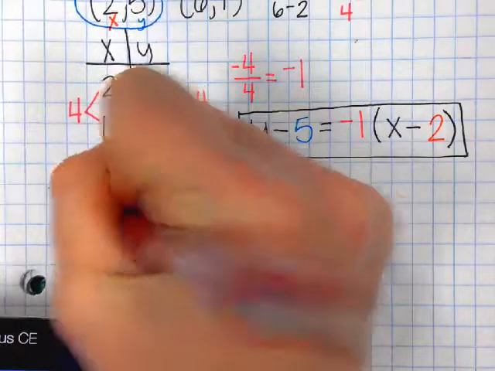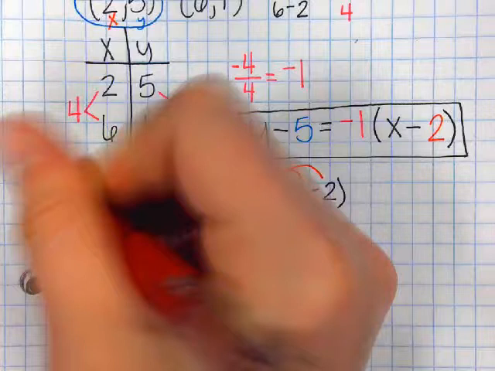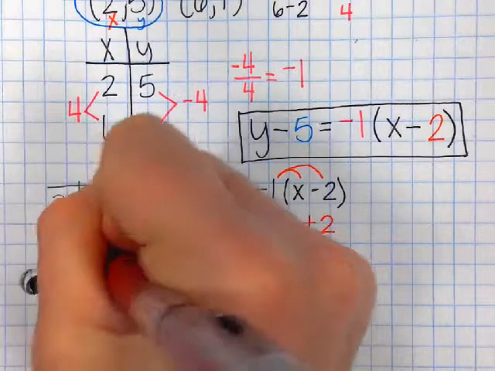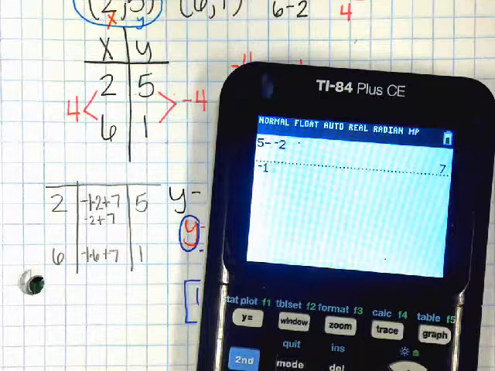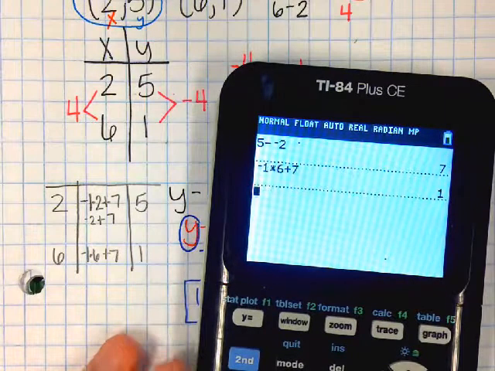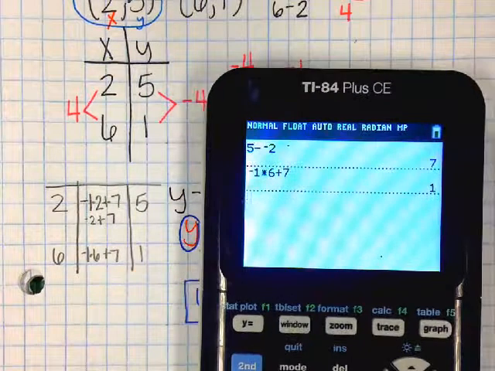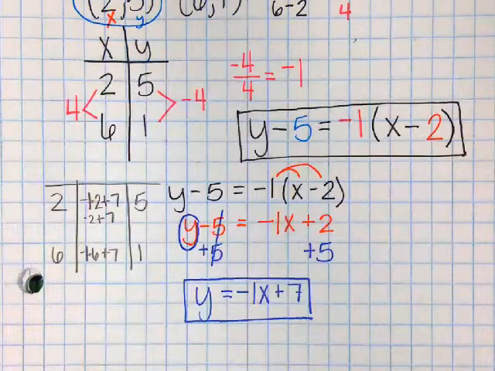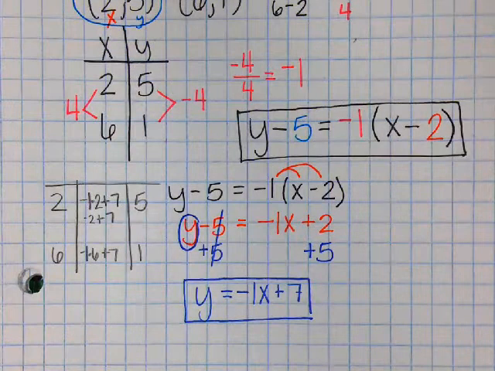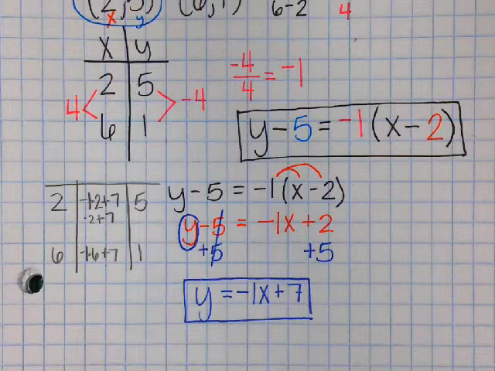So I would have needed to add 7 to that to get 5. Let's try it with 6. Negative 1 times 6 plus 7. Let's see if it gives us 1. Negative 1 times 6 plus 7 is 1, which is correct. Okay, so that is Introduction to Point Slope Form.